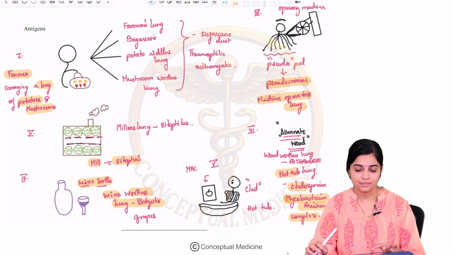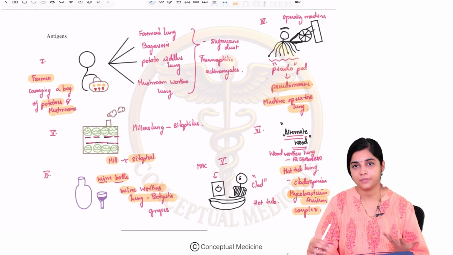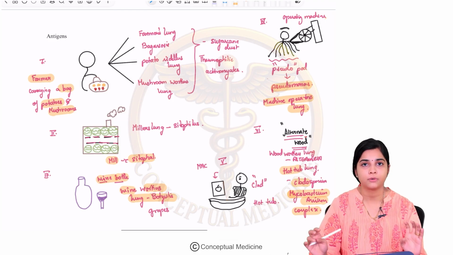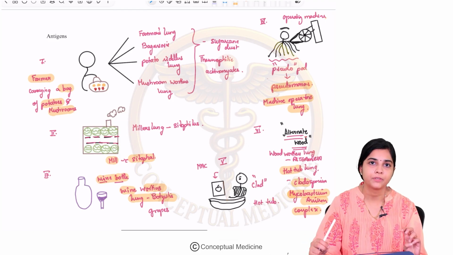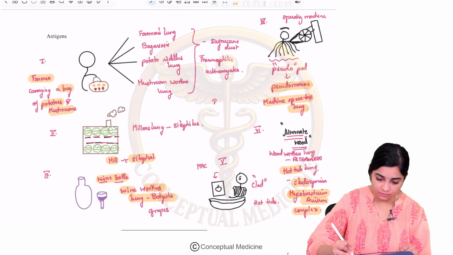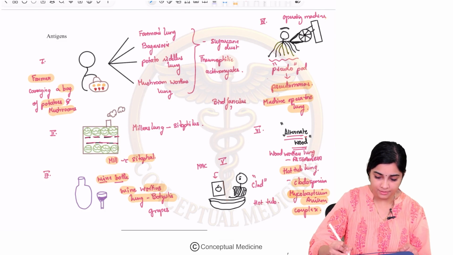Okay, so these are some mnemonics which I came up with, hoping that it will help you remember the entire list a little better. There are a lot more organisms, but these are the most important organisms that you have to remember. Also remember certain other antigens, which include bird fancier's lung. So bird fancier's lung happens due to what?